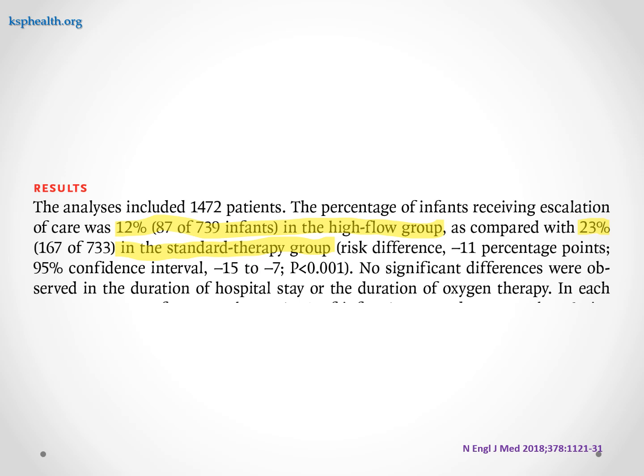In the results, 12% of the patients in the high flow group needed escalation. In the regular nasal cannula group, which is the standard therapy group, 23% needed escalation. That means 23% failed in the regular nasal cannula group, only 12% in the high flow group. And the p-value is very significant, less than 0.001. So high flow nasal cannula clearly wins the race here.